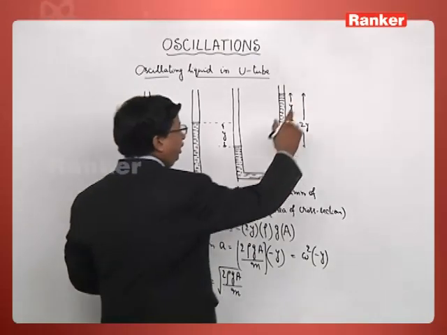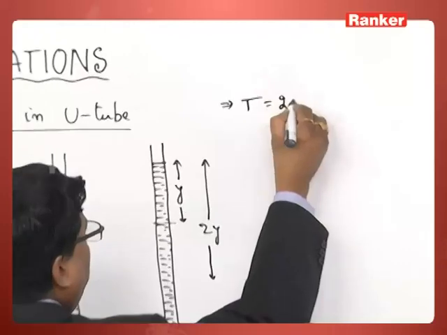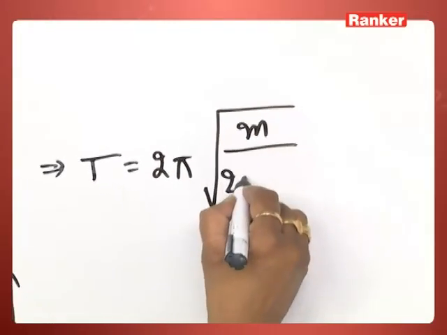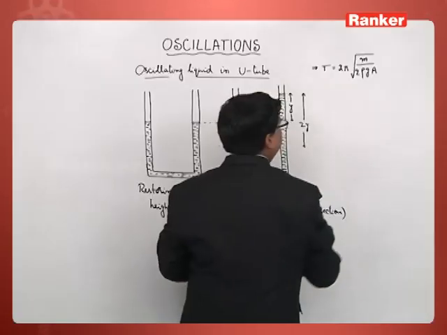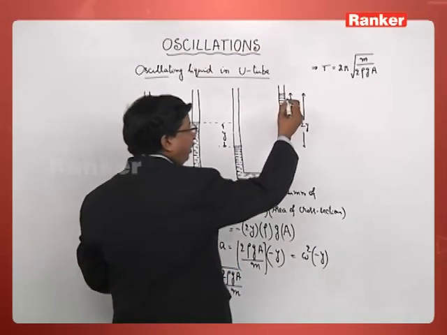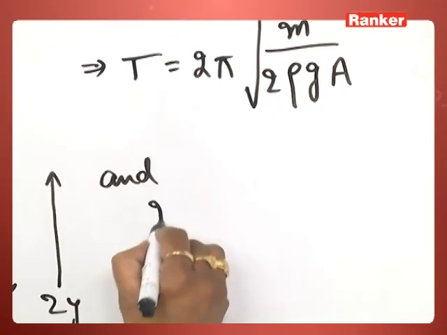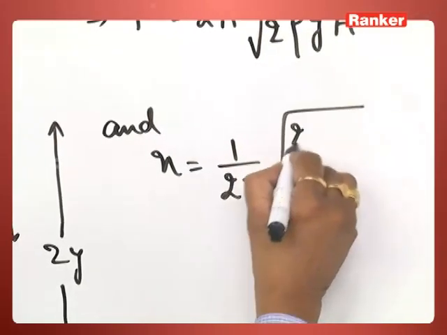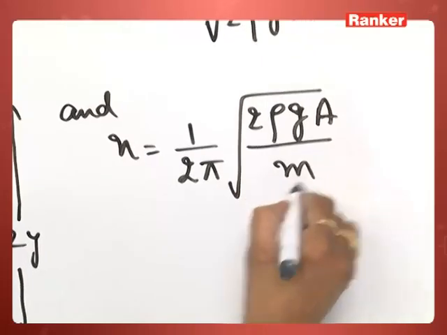What would now be the frequency? The time period is equal to 2 pi under root m by (2 rho g A). You can rewrite the same this way, and the linear frequency n is equal to 1 by 2 pi under root 2 rho g A by m.